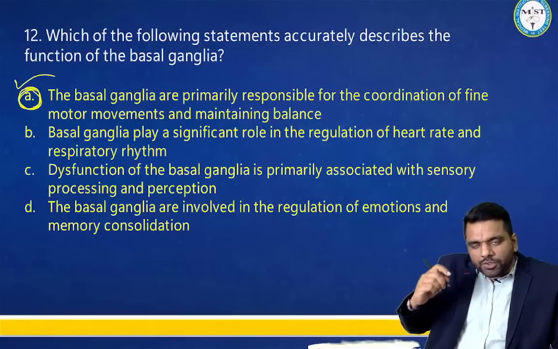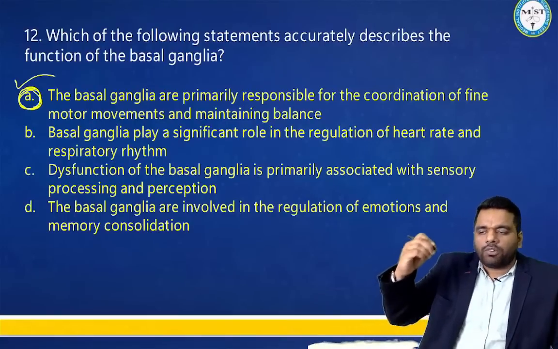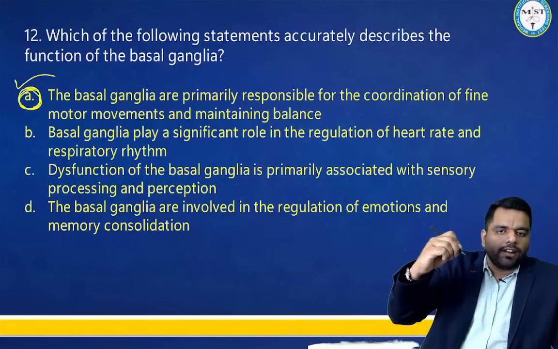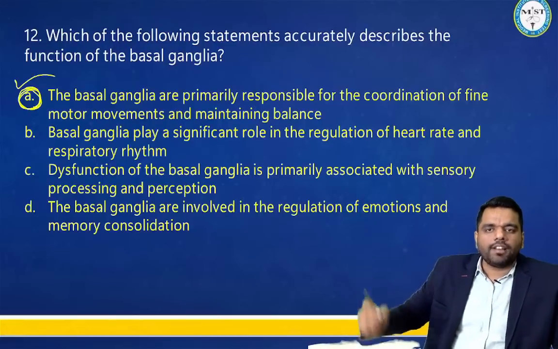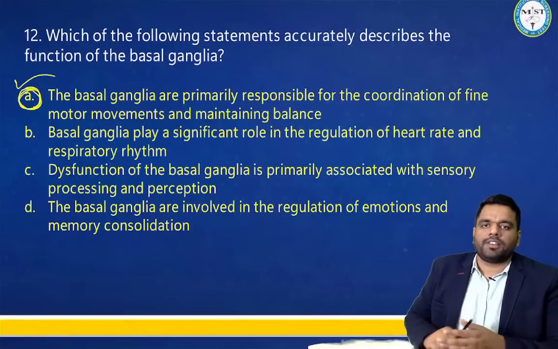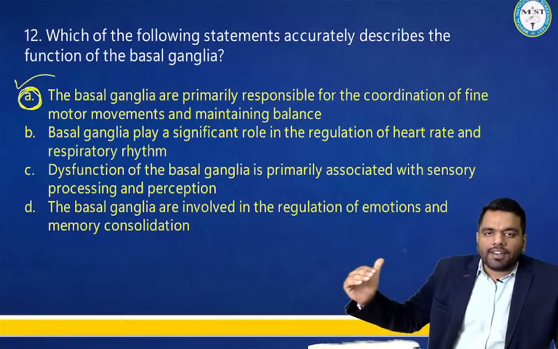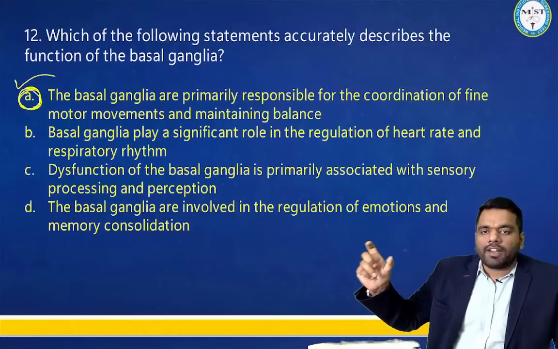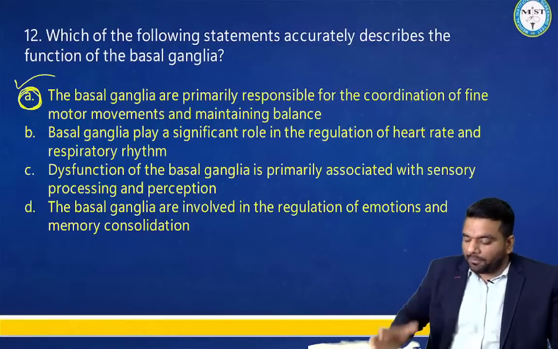But what should be your speed of writing, how tightly you should hold your pen, and in which direction you should write, who is telling all of this? This is told by the basal ganglia. So the basal ganglia is primarily responsible for the coordination of fine motor movements and maintaining the balance.